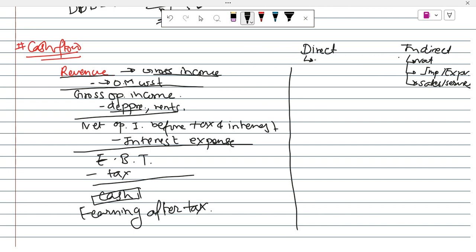Our direct taxes: we pay taxes on our property to the government. Property. We have our income tax, that is our direct tax. Income tax could be a personal tax as well as our corporate tax.